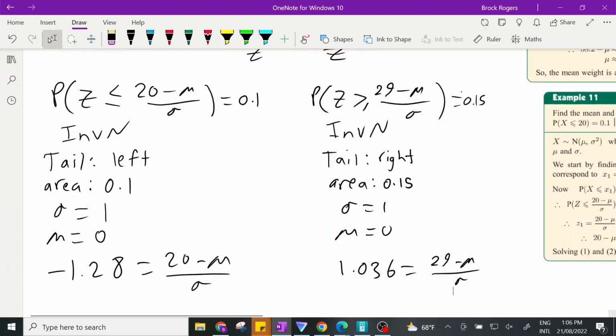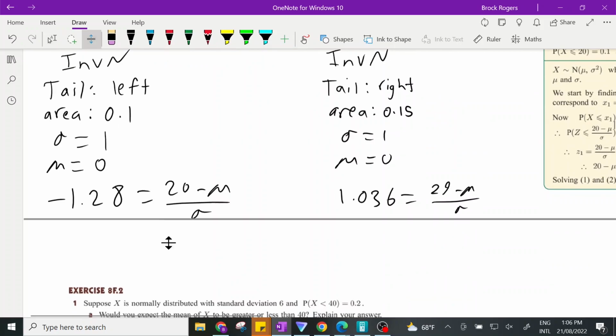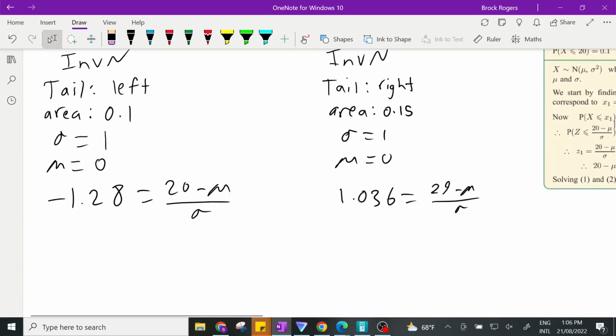All right, now we have two equations which we can get ready for simultaneous equations. Now, you should never do simultaneous equations algebraically if you can avoid it. So how do you know if you can avoid it? If you can write it out into a statement that looks like this, where x and y are your two unknowns, then you know you can put that in the calculator.